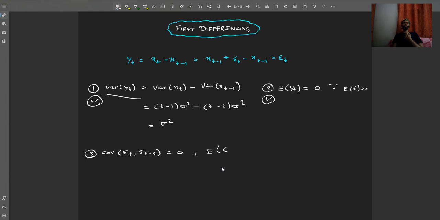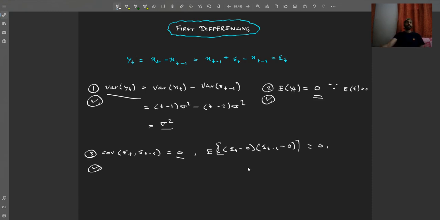It is given by expected value of error t minus 0 multiplied by error t minus s minus 0. So if these are all estimated values, et and et minus s are expected to be 0. So the entire value is equal to 0. So the covariance is 0. So all the three conditions are satisfied. This is finite and constant covariance. The variance is finite and constant, and the expected value of the variable is also finite and constant.